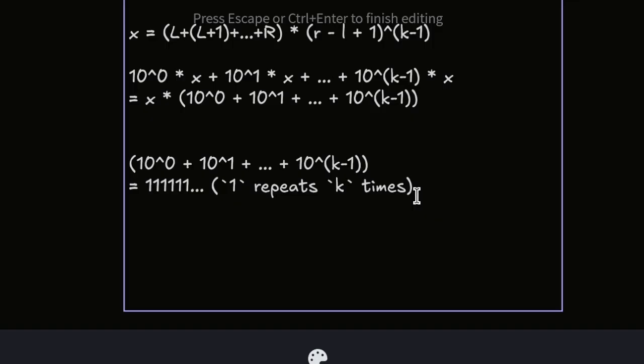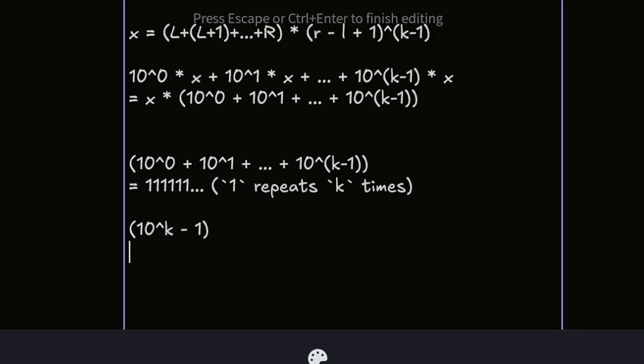One dumb way is to loop k times and add, but again, k is really large. We don't want to do that. Another way is to do 10 to the power of k minus 1, which will give us 99999, basically 9 repeated k times.